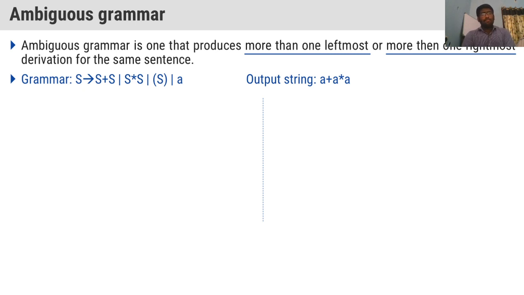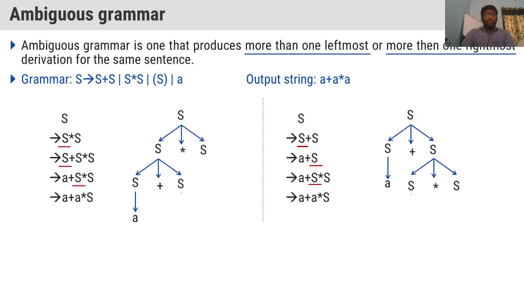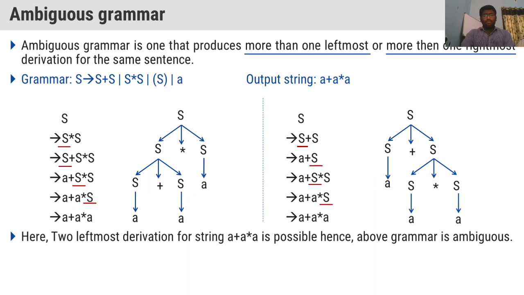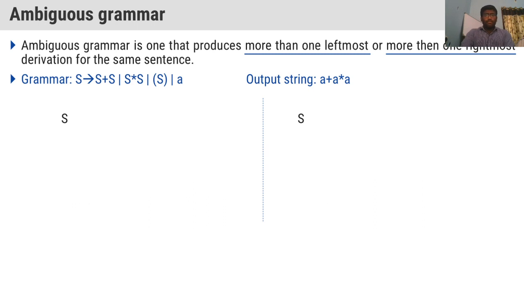S implies S plus S, S star S, S in parenthesis or small a. I am going to take LMD first, after that RMD. Whether two LMDs are possible or not. On the left hand side I am showing you the first LMD, on the right hand side the second LMD.